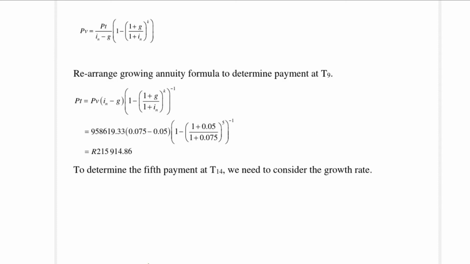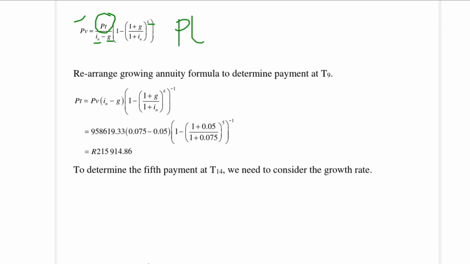Okay, so here we have the formula for a growing annuity. In this case, we have the present value, we have the interest rate, we have the growth rate. Our k is equal to 5. So what we need here is to find the first payment. So we need to rearrange this formula so that we can solve for payment.